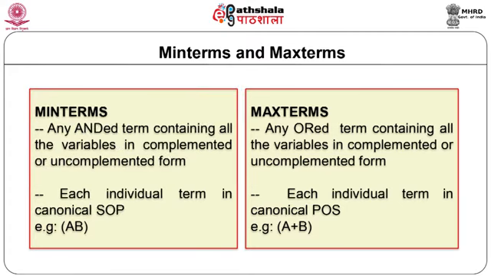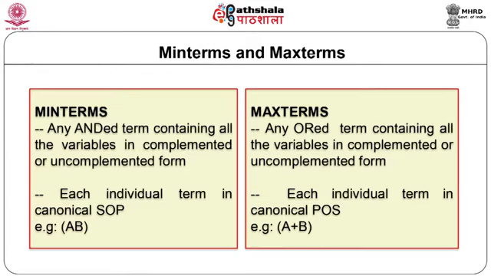There are 2 raised to n min terms for n Boolean variables. These min terms can be generated from the binary numbers from 0 to 2 raised to n minus 1. Any Boolean function can be expressed as a logical sum of min terms.